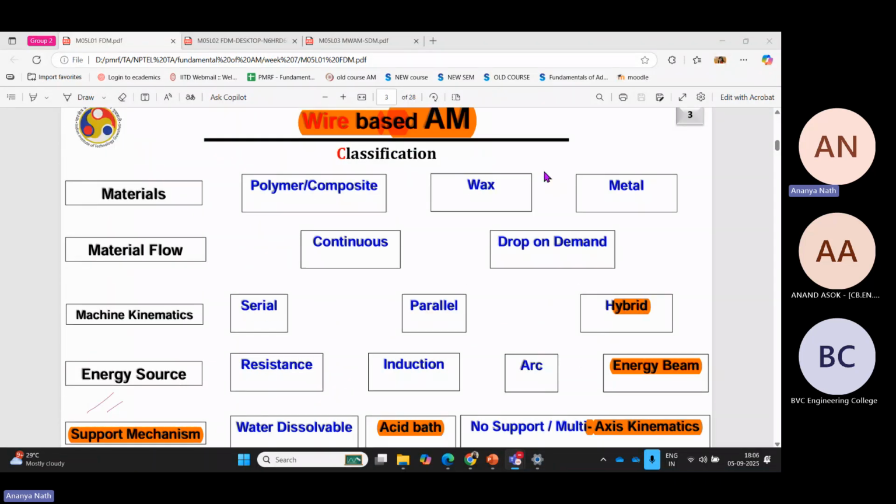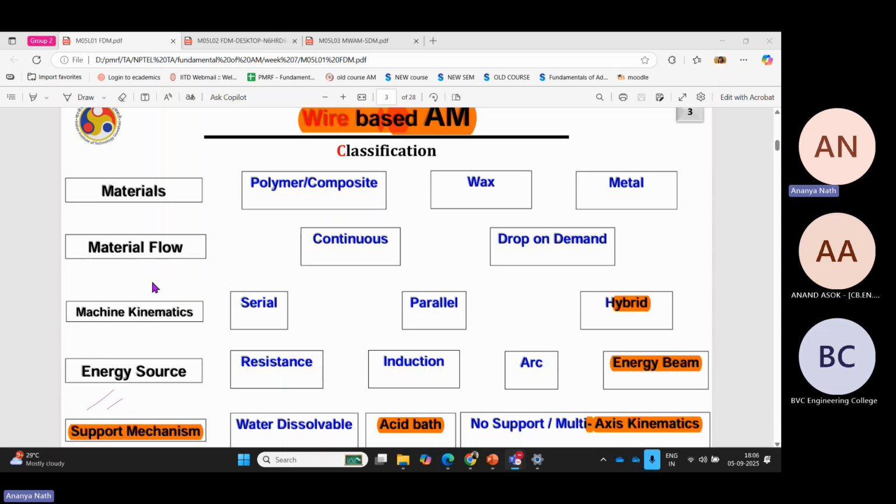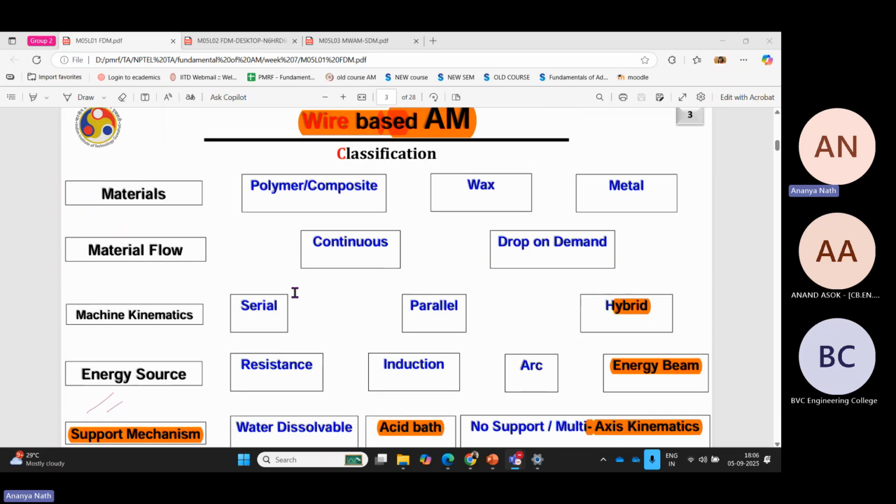So again, if I classify this wire-based AM into different parts, then we can have material, material flow, machine kinematics, energy source, and support mechanism. In material, we can do polymer, metal, both. Wax can also be possible, but it's not very renowned. Material flow can be continuous, or it can be drop on demand.